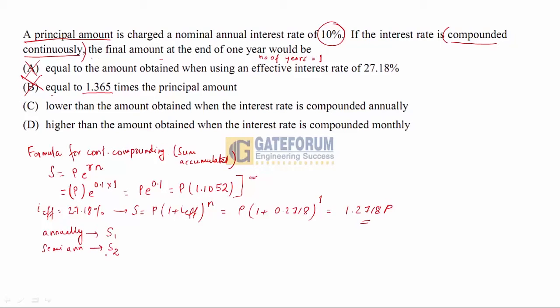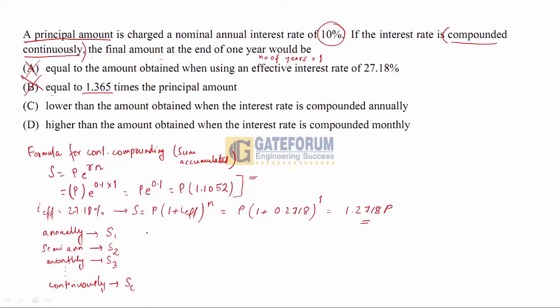Let us say the final amount at the end of the year when the compounding is done 2 times in a year is S2. Let's say now I am doing compounding every month, then the sum accumulated is S3. Then suppose every day, every minute, every second, finally I will reach a point where continuous compounding is done.